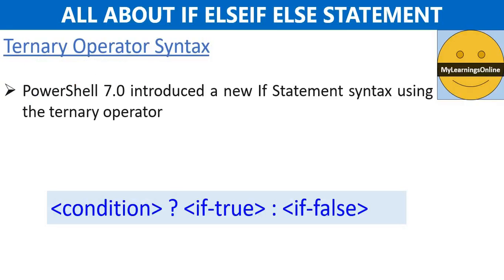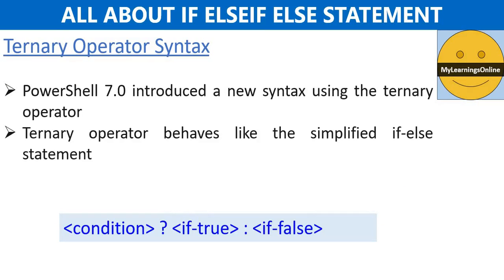PowerShell 7 introduced a new if statement syntax using the ternary operator. We can see the syntax in the slide itself. The ternary operator behaves like the simplified else if statement, means we cannot evaluate multiple conditions like we can do in normal if else if statement.